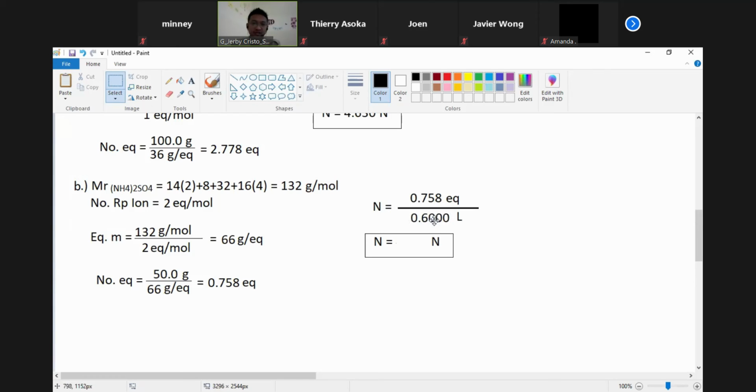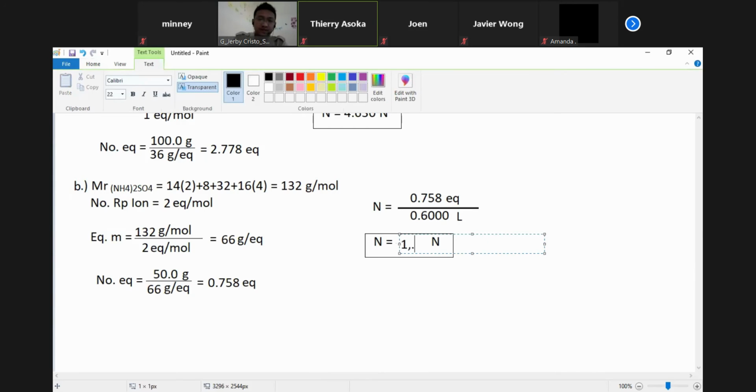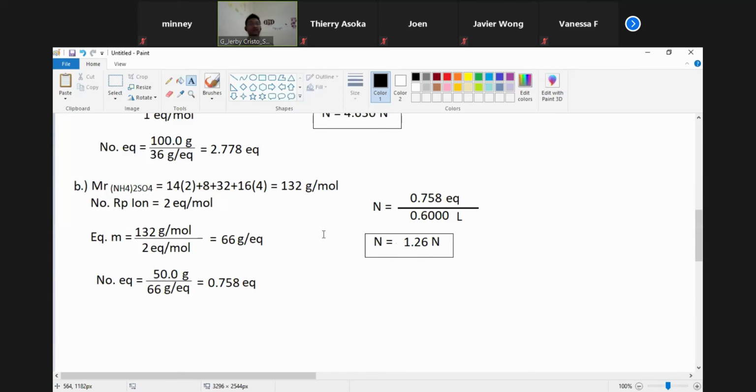What's the result? 1.263. How many significant figures? 3. So how do you express your result? 1.26 normal. Okay, so that's our answer in B.